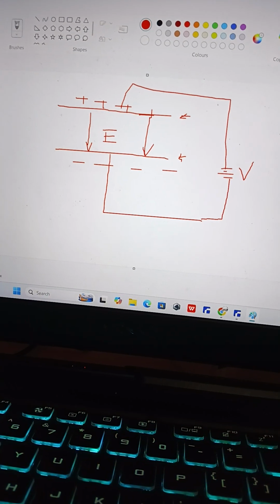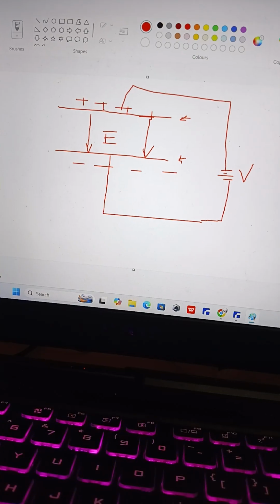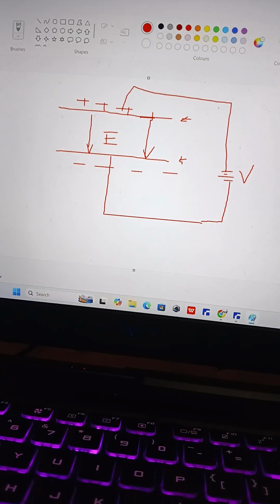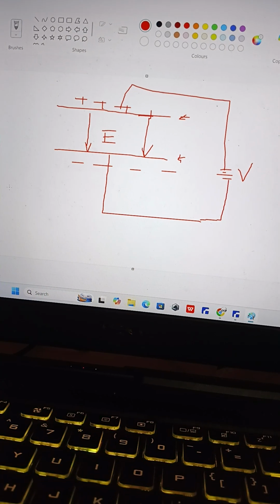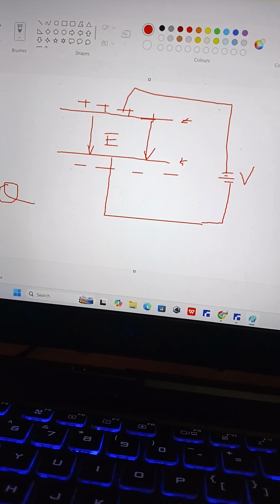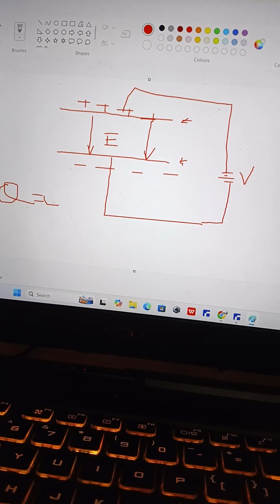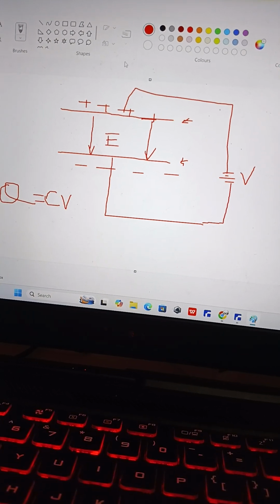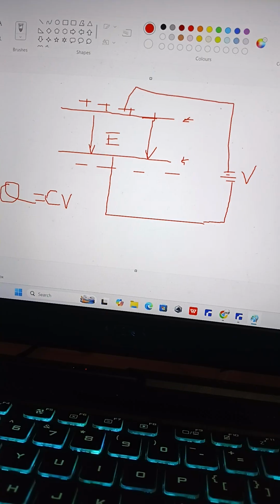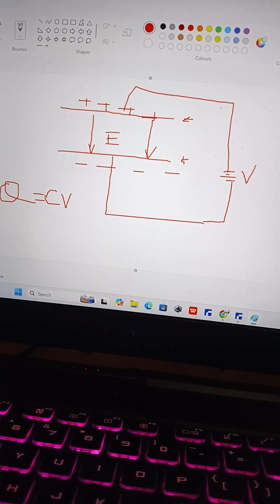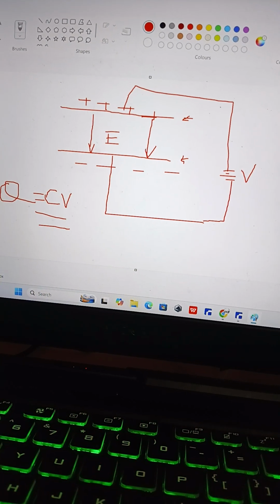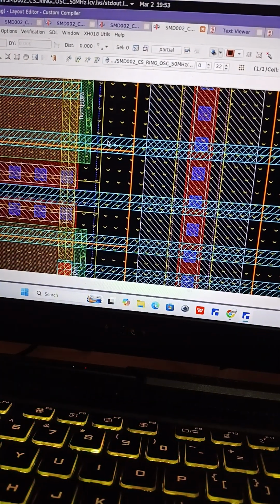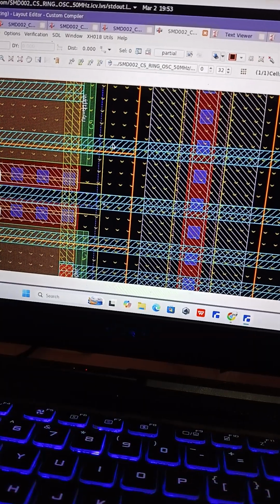When it is fully charged, the charge accumulated is C times V, where V is the voltage across the parallel plates, C is the capacitance, and Q is the amount of charge accumulated, right? So this is a capacitor. But this is not a capacitor. This is just a metal, but it can act like a capacitor.